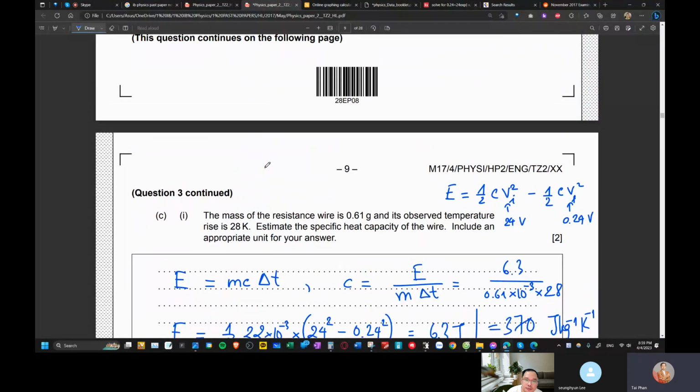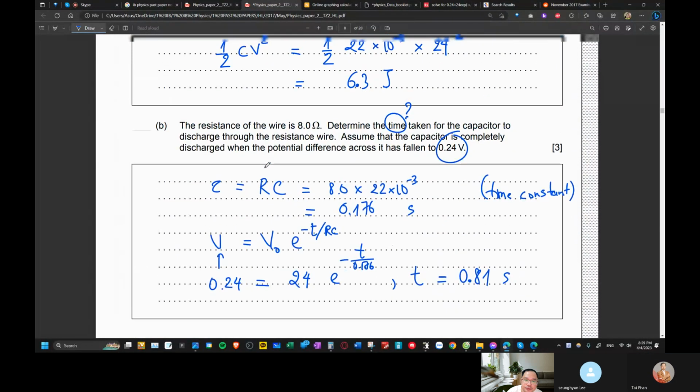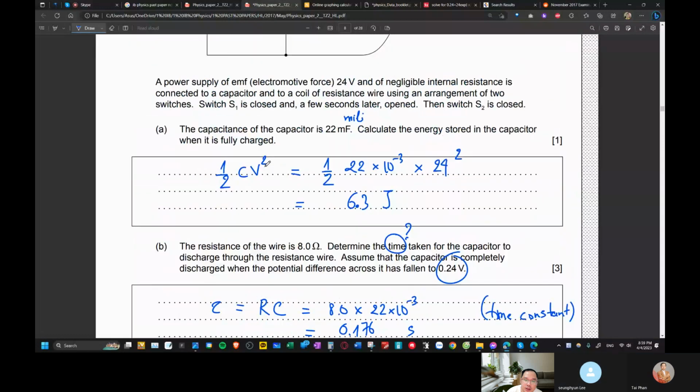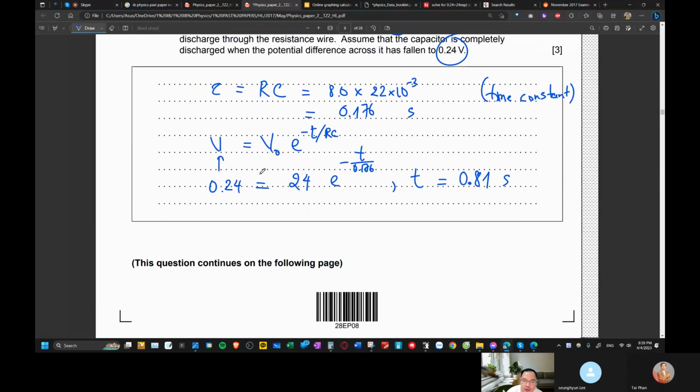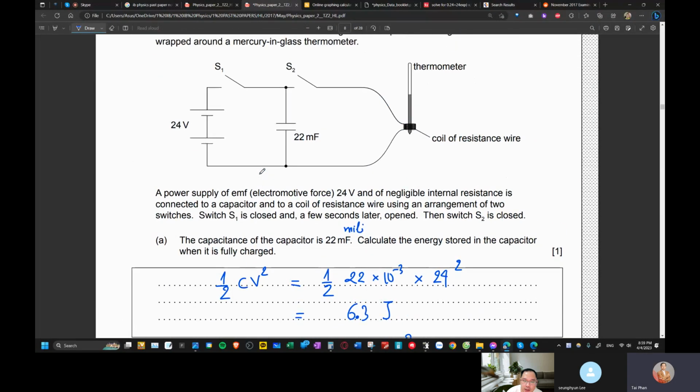Another energy loss, electromagnetic energy, electromagnetic waves emitted to the surrounding. And the energy transfer from the thermometer to the surrounding.